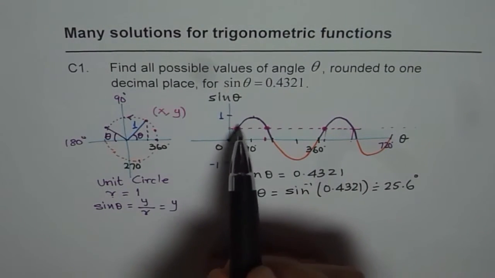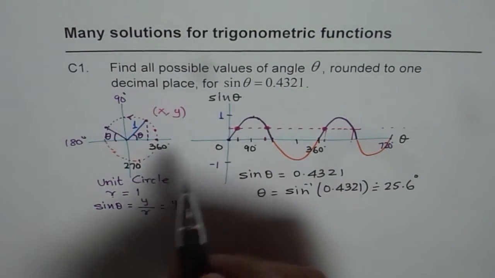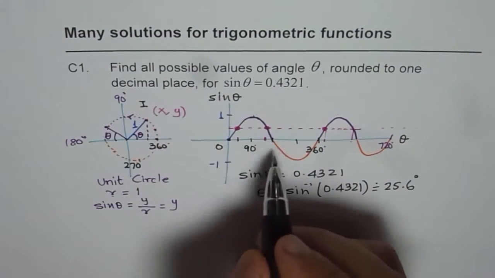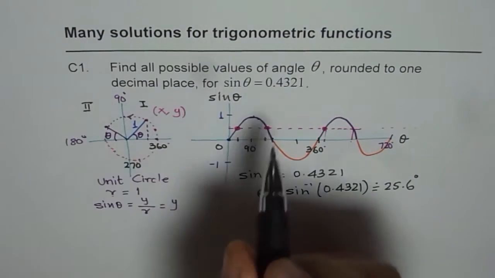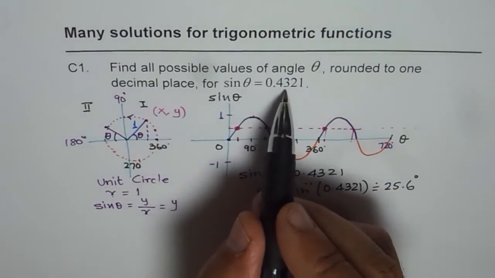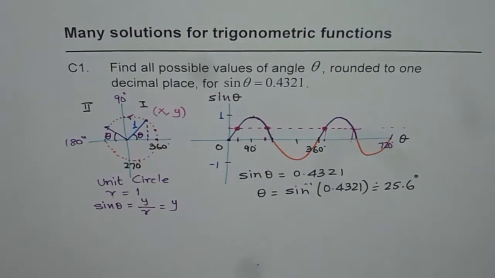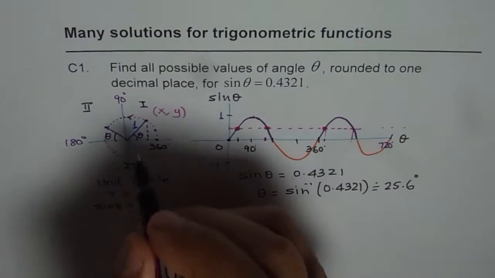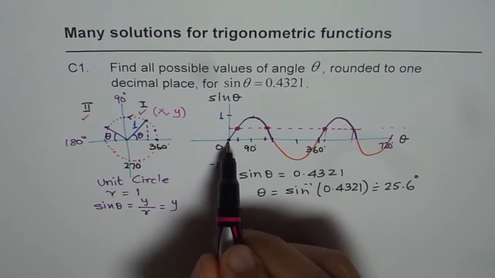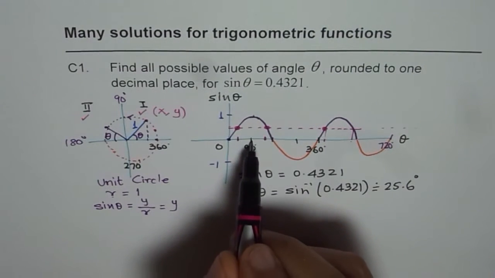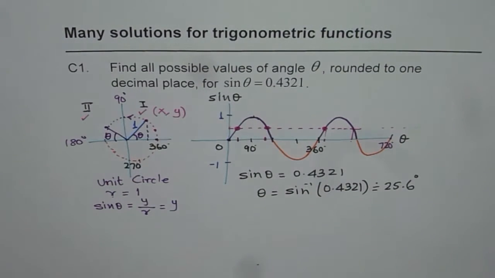As you know, sine is positive in quadrant 1, 0 to 90 degrees is quadrant 1, and then from 90 to 180 is quadrant 2. So if you have sine as a positive value, you are looking for two possible solutions, one in quadrant 1 and the other in quadrant 2. That means one between 0 and 90, the other between 90 and 180. So what is the other value?